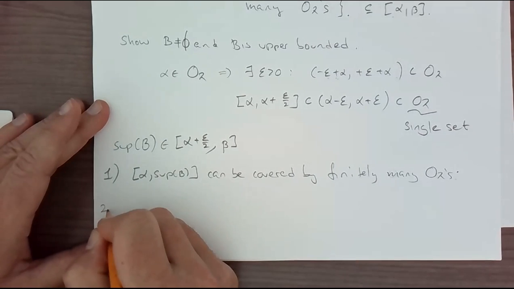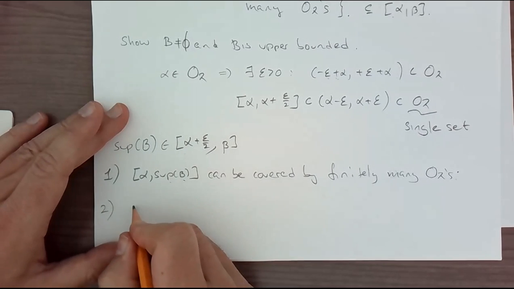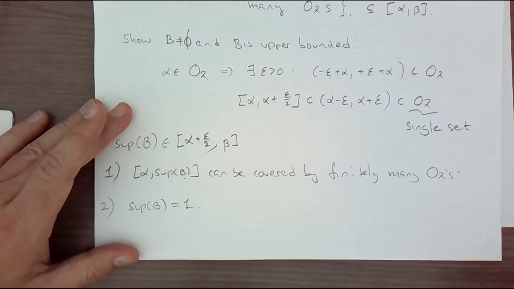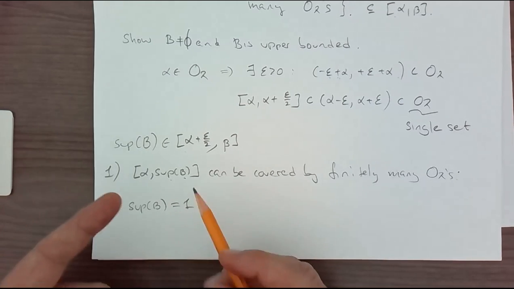And then the second step is to prove that this supremum here is actually equal to beta. Beta is the upper bound.